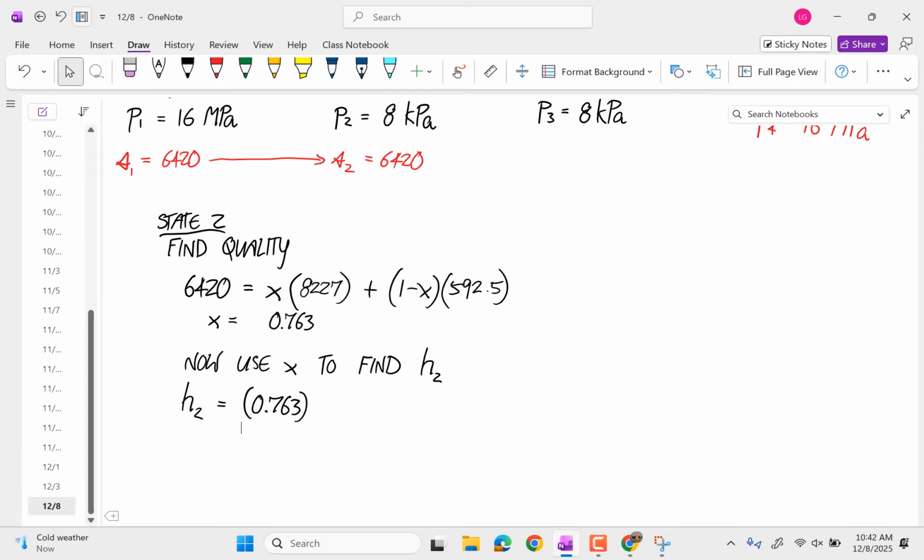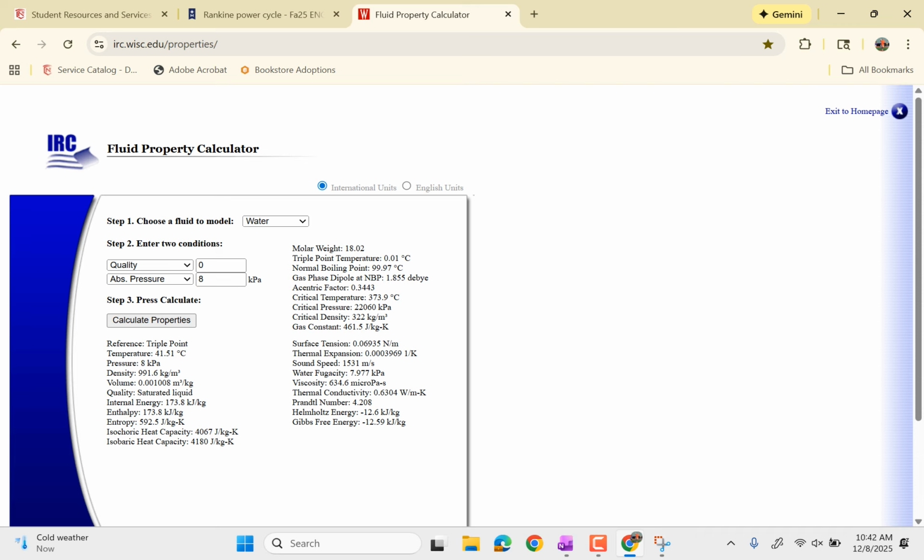So we'll go back in here. We want the vapor here. And the specific enthalpy is 2576 times 10 to the third.